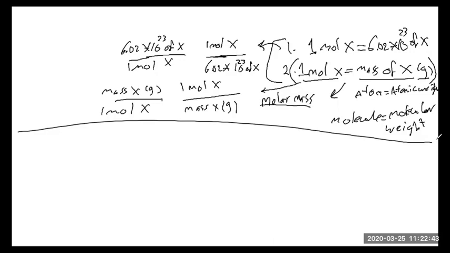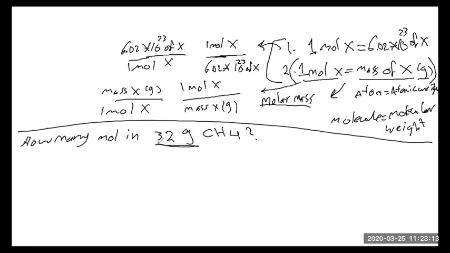And let's look at this question. How many moles in 32 gram CH4, methane? Now, you need to know which factor you will use.